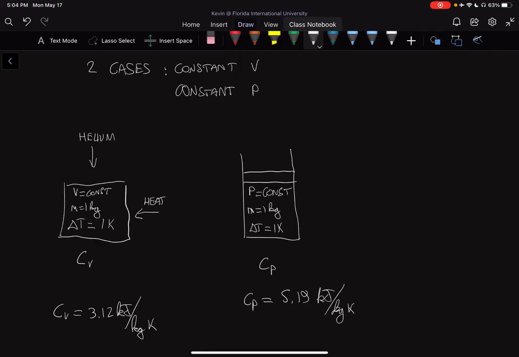On the right side, the energy supplied does two things: it heats the gas and it moves the piston up.